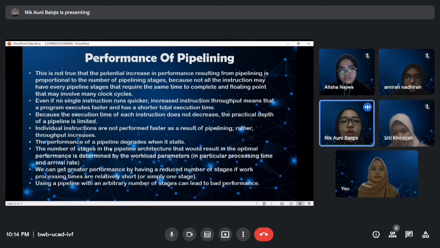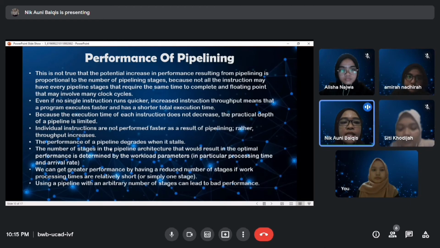The performance of pipelining. It is not true that the potential increase in performance resulting from pipelining is proportional to the number of pipelining stages, because not all the instructions may have every pipeline stage, not all stages require the same time to complete, and floating point may involve many clock cycles.